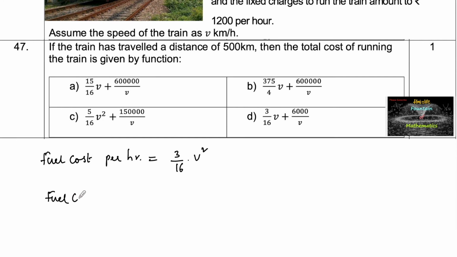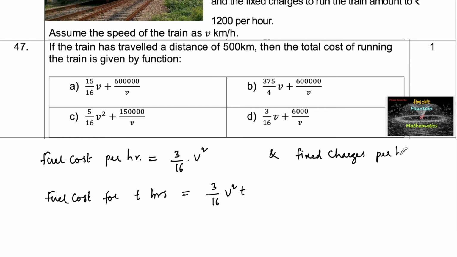Now fuel cost for t hours is equal to 3 by 16 v square into t, and also fixed charges per hour is equal to 1200 rupees. And now fixed charges for t hours is equal to 1200 rupees into t.